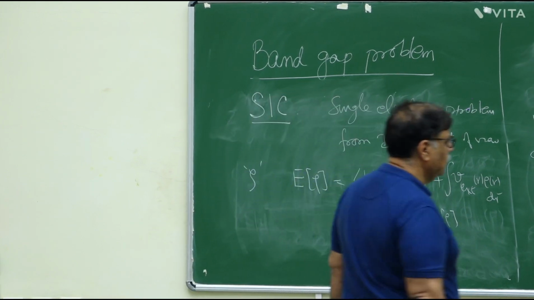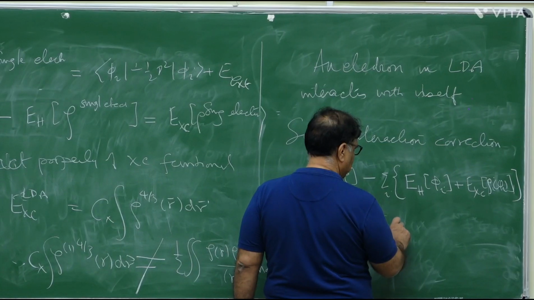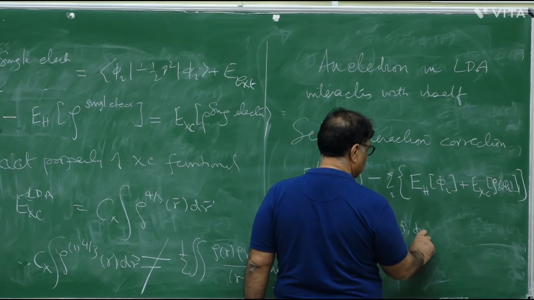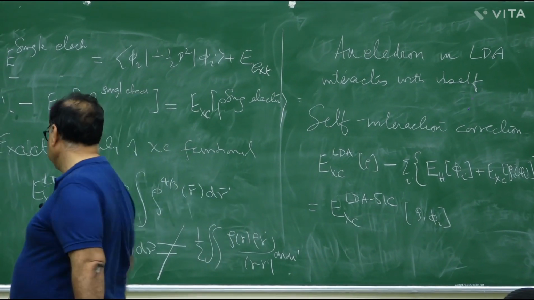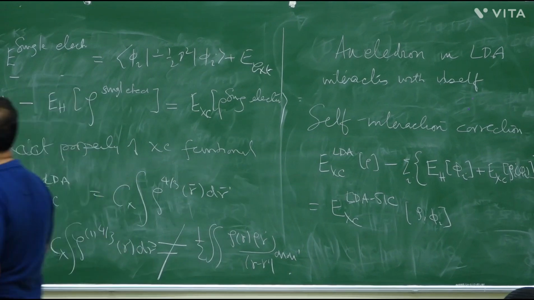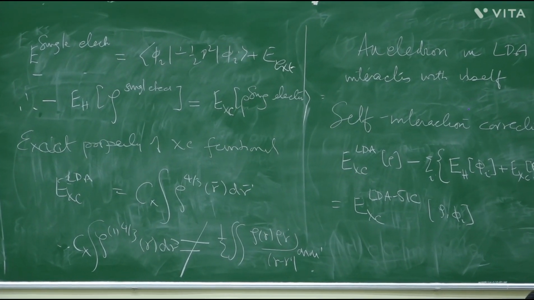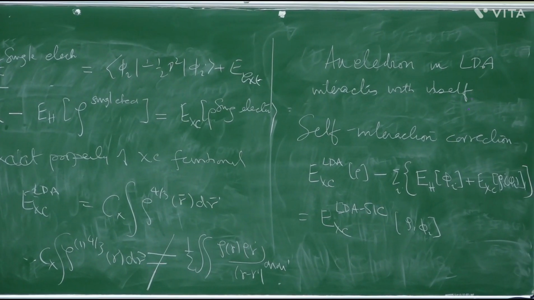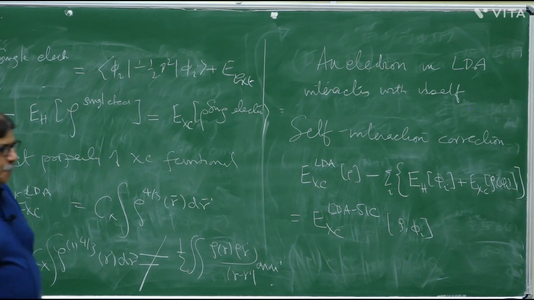Okay. So once you make this correction, the energy depends not just on rho alone, but on phi I also. So now if you calculate the potential, or if you do the Kohn-Sham, you're going to get an I-dependent potential.